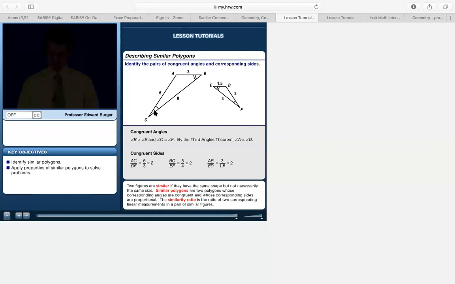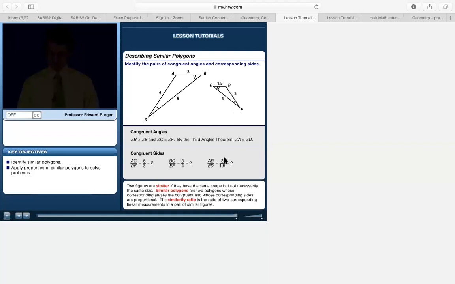Now I'm going to look at C and F. You see the cursor, girls? Put your fingers on the screen on C and F. What is the opposite side of C? When you tell me a side, you will tell me 2 letters. AB.